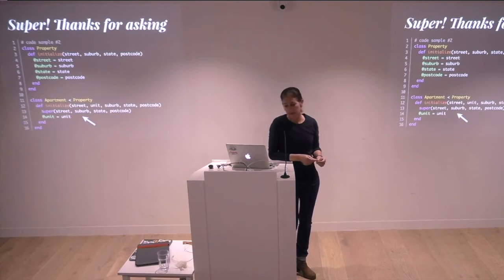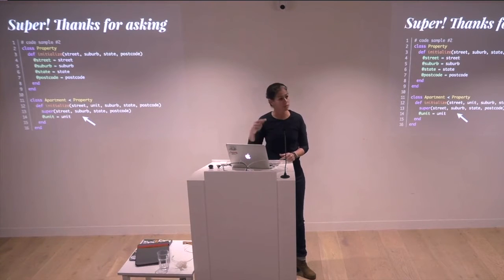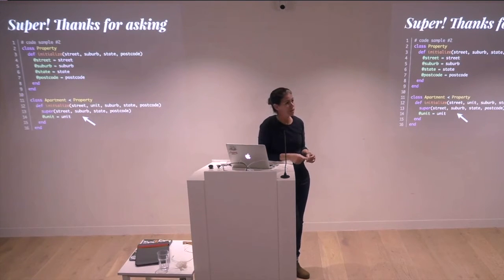When using parent classes and child classes, we can use super. We can use super to invoke behavior in the parent classes. Sending super in any method passes that message up the superclass chain. In this case, we have a property class which initializes street, suburb, state, and postcode. And then we have an apartment which inherits from property.